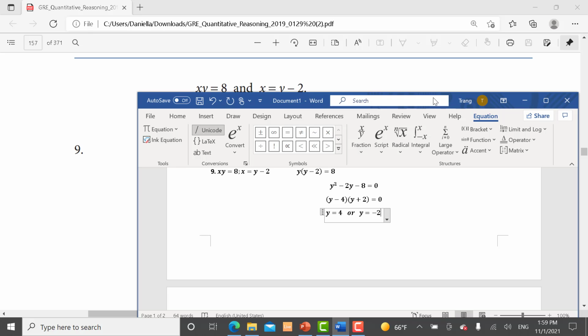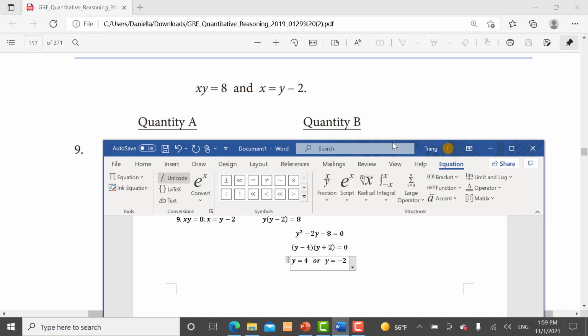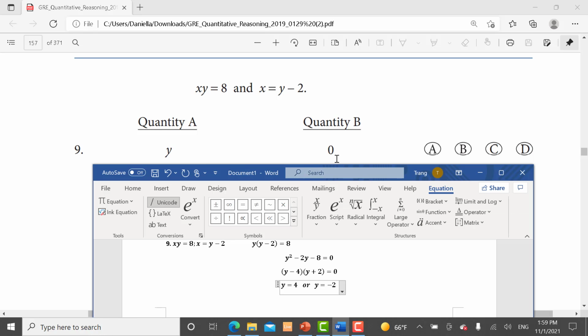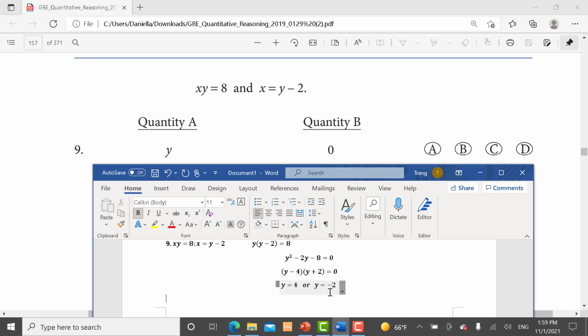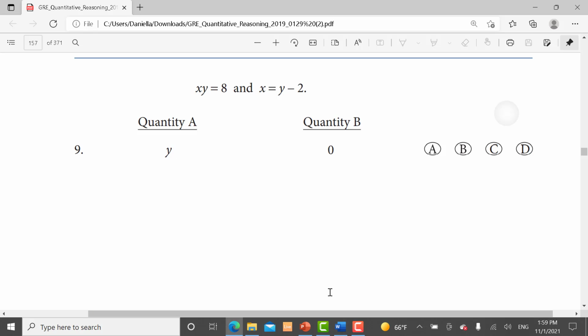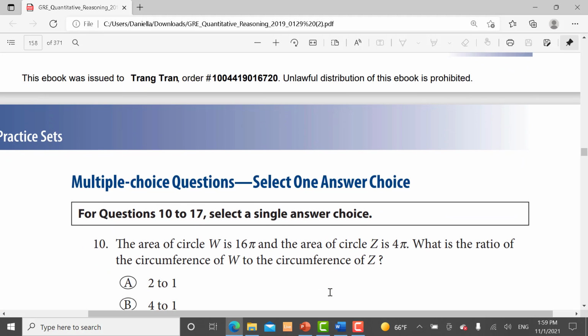In case y is equal to 4, then we have quantity A is greater than quantity B. In case y is equal to negative 2, then we have quantity A is less than quantity B. So for question 9, there is no way to determine the relationship between A and B. So I'm going to go for choice D. Choice D means we cannot determine the relationship between A and B. Alright, so that is problem number 9. Now let's go to problem number 10.